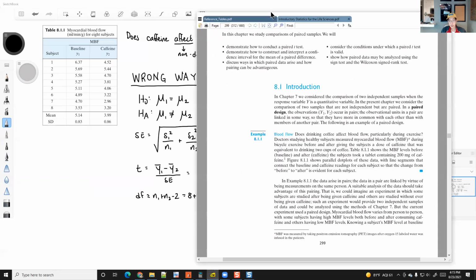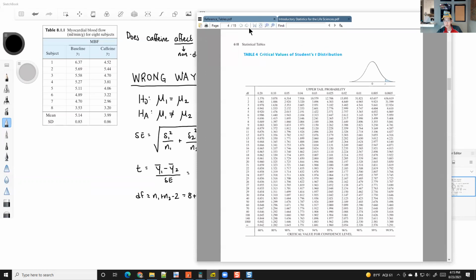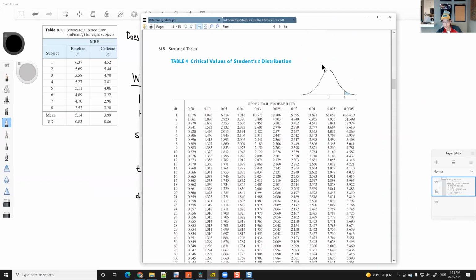So I'll go to my t table. Hopefully this feels familiar, not surprising anybody. We're going to look for 2.721, and we get the upper tail probability to be between 0.01 and 0.005.